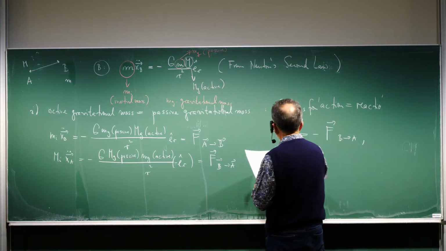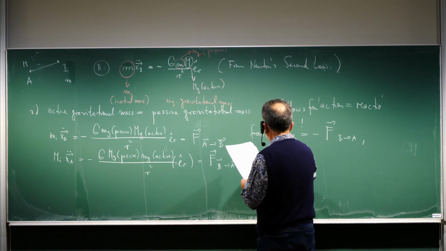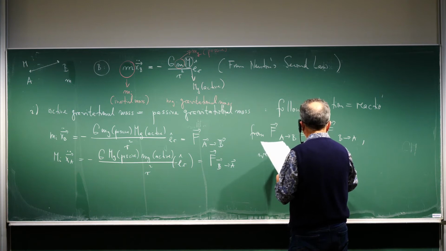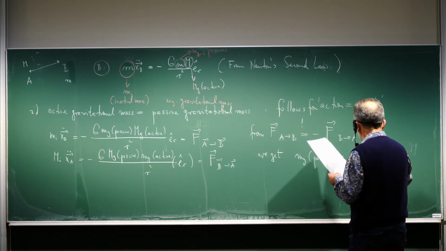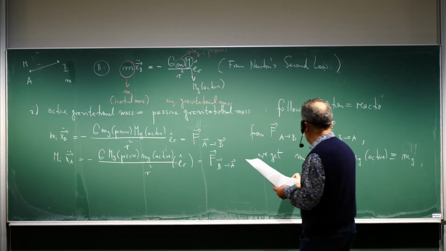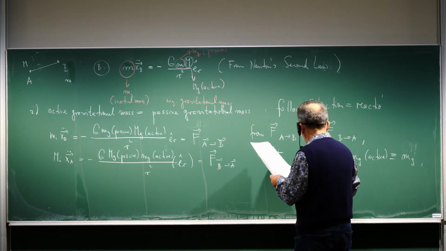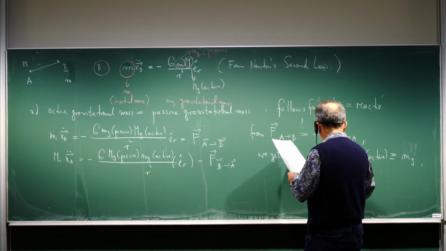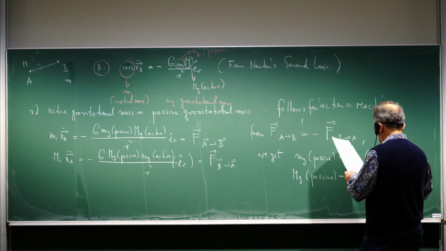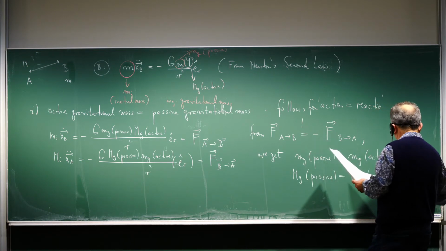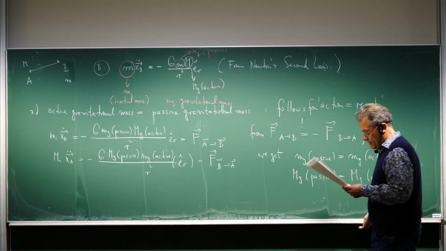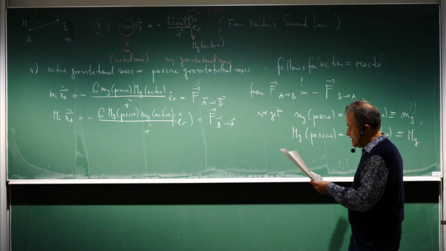So we get that mg passive is mg active, which we call just mg. So we don't actually have to distinguish between passive and active gravitational mass.